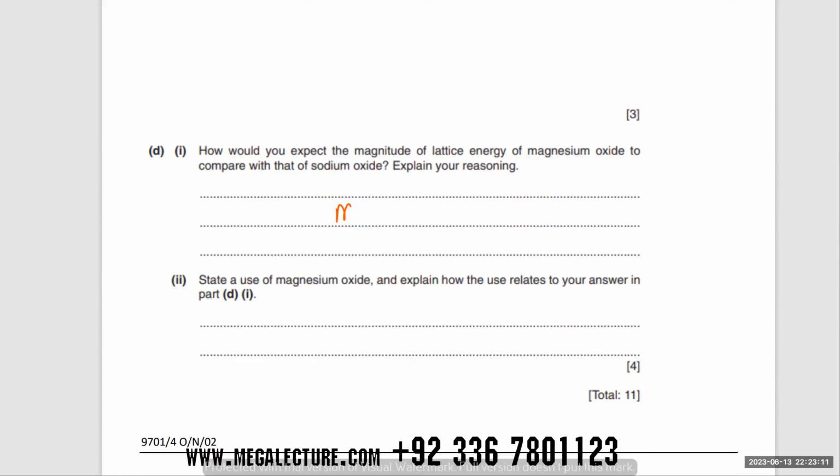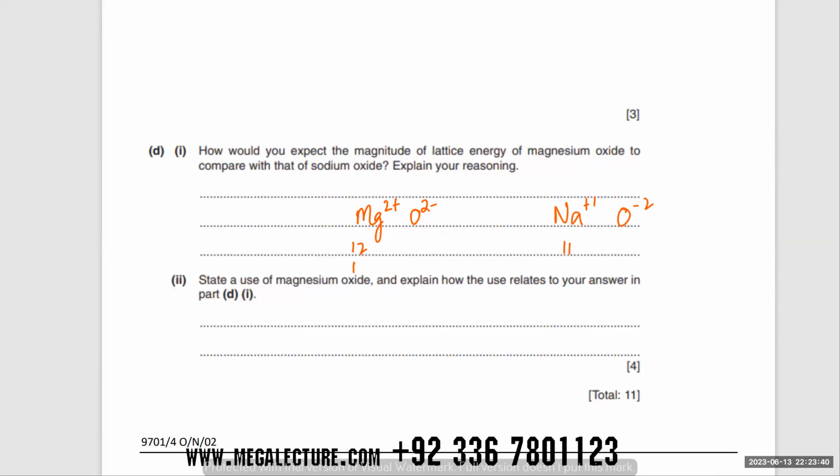Is it smaller as well or not? It's not smaller. Why is it not smaller? Magnesium has a proton number of 12. Sodium has a proton number of 11. They both have exactly the same electrons.